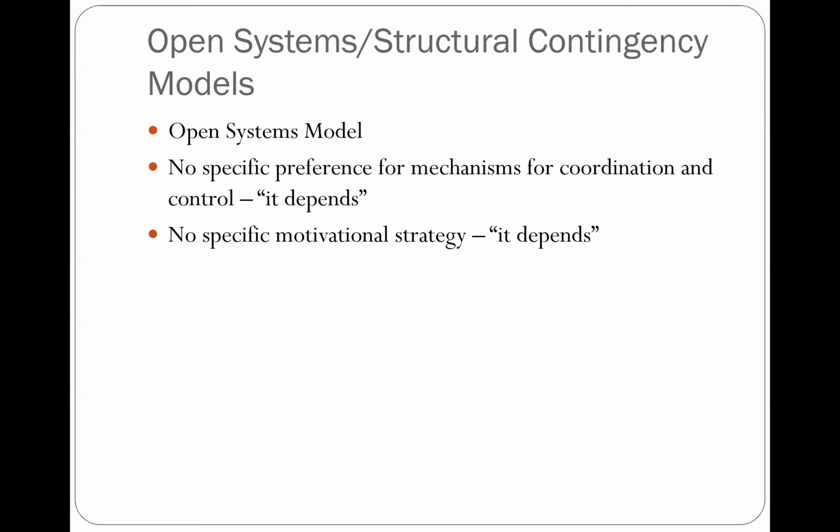Mechanisms for coordination and control, again, none are really emphasized because it's going to depend upon the situation itself. Motivational strategies, again, none are emphasized because it will depend upon the context of the situation, which motivational strategy will be used at a given point in time by a given organization.